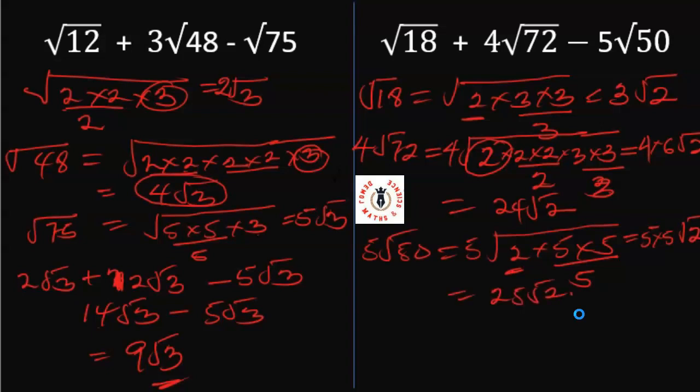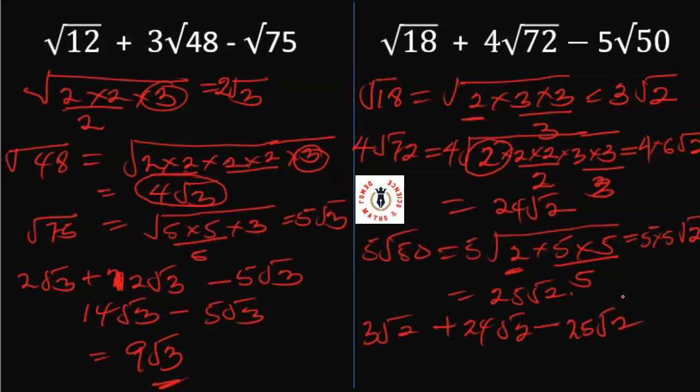So my total question becomes root 18, that's 3 root 2, plus 4 root 72, which we've resolved to 24 root 2, minus 5 root 50, which is 25 root 2.